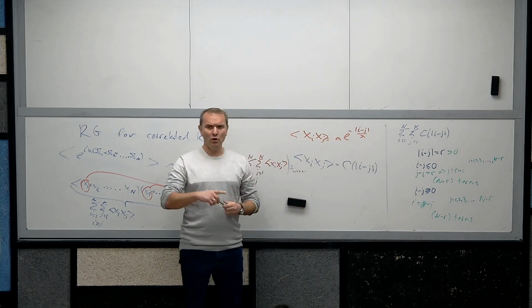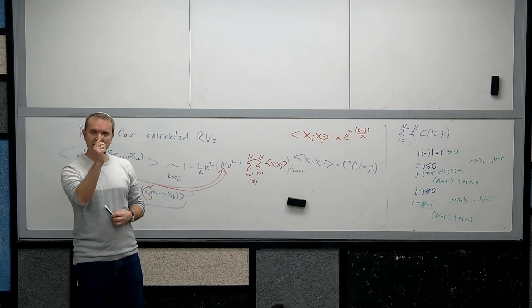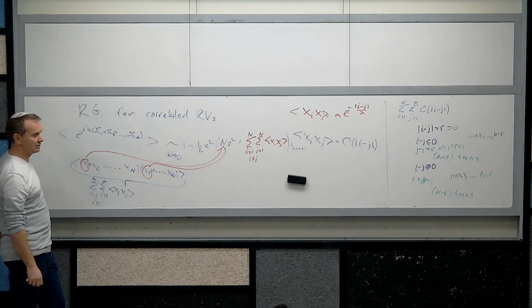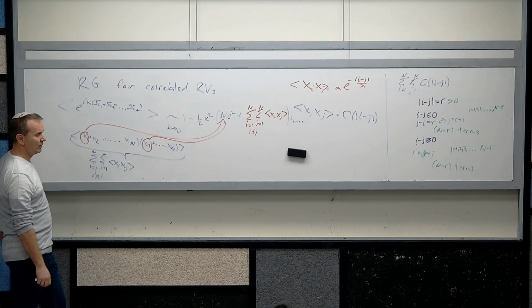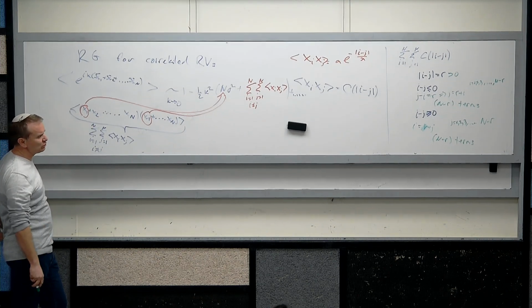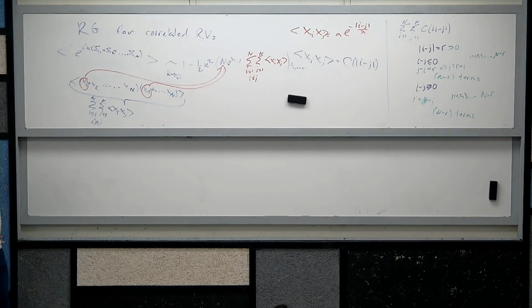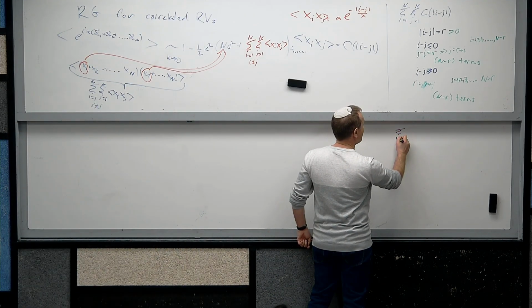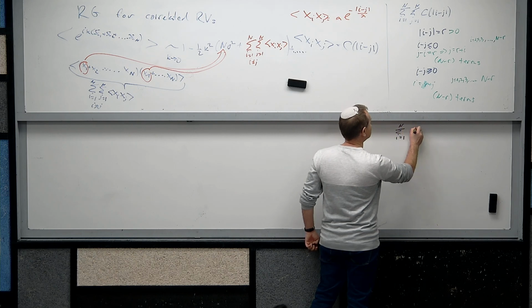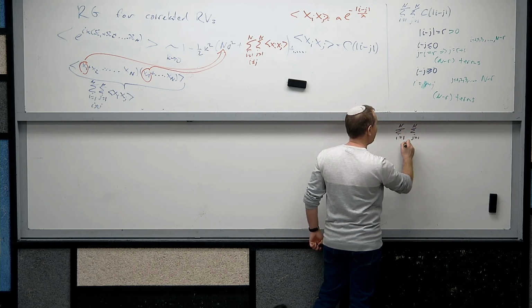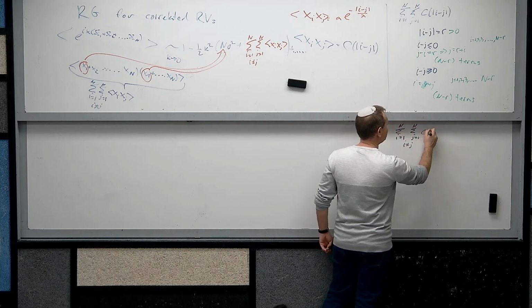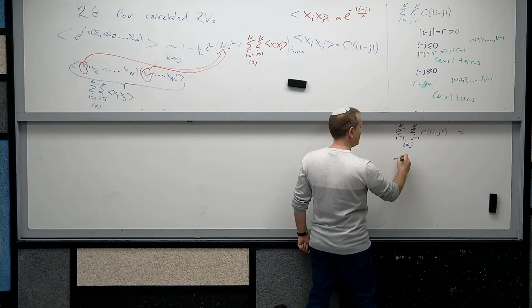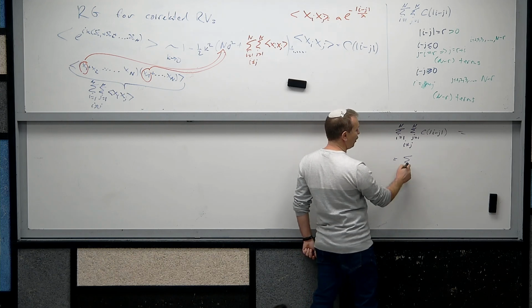Great. So for each specific r, I have exactly 2(n minus r) terms. So instead of writing this double summation over here, I can say the following. The summation over i from 1 to n, summation over j from 1 to n, with i not equal to j, of c of i minus j equals a summation of what?